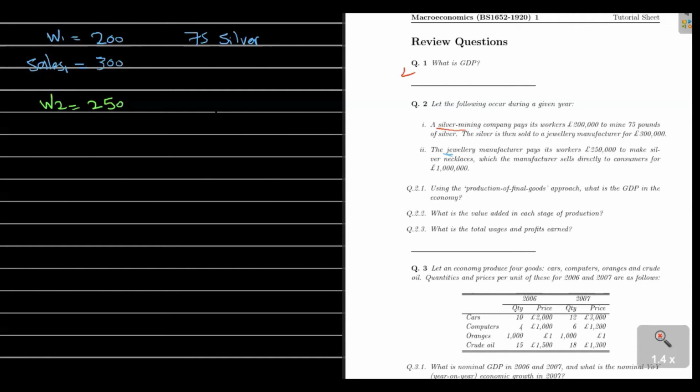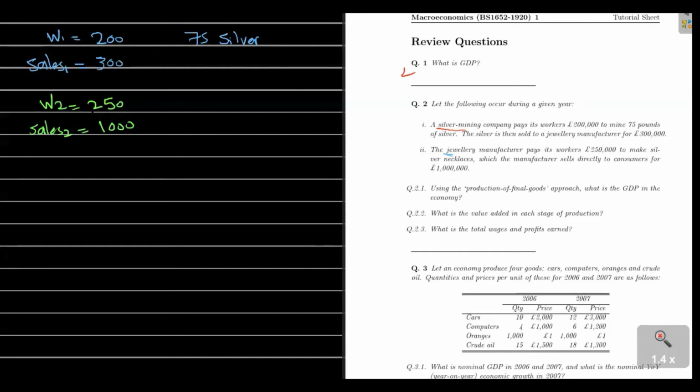They make silver necklaces, which the manufacturer sells directly to consumers for 1 million pounds. So sales from firm 2 are 1 million pounds. These numbers are in thousands, so 1,000 means 1 million pounds.